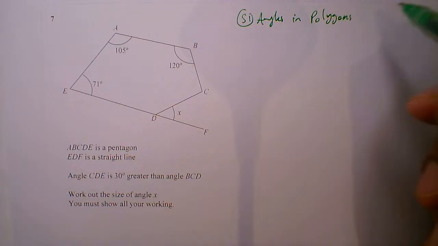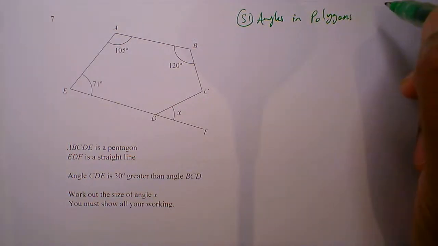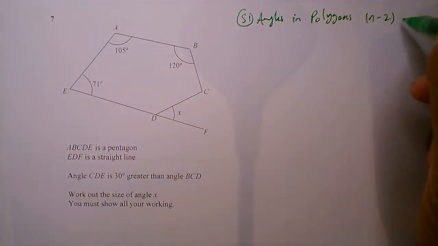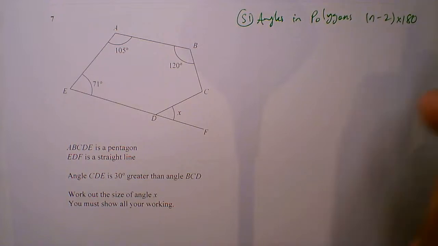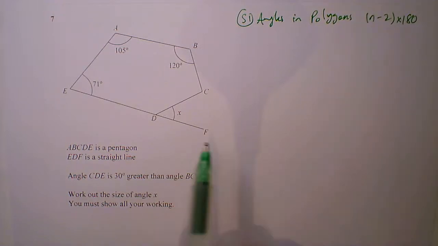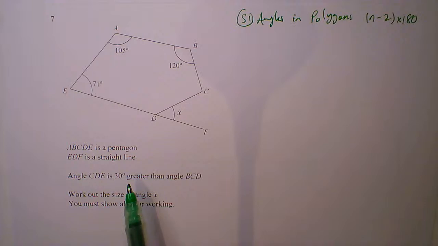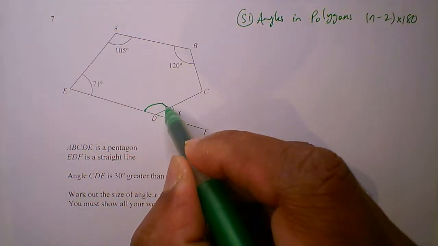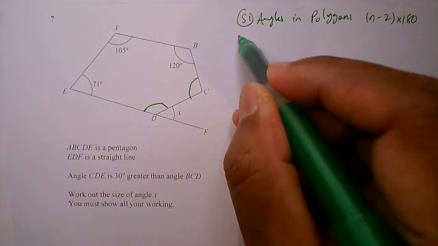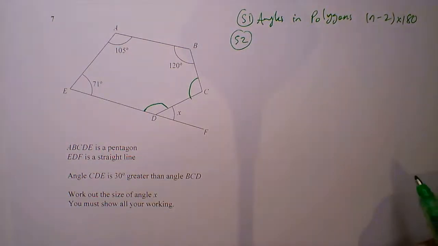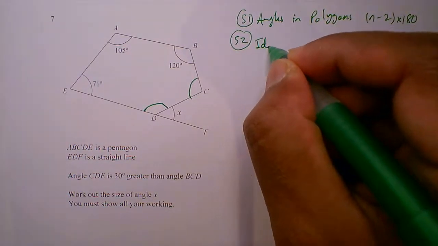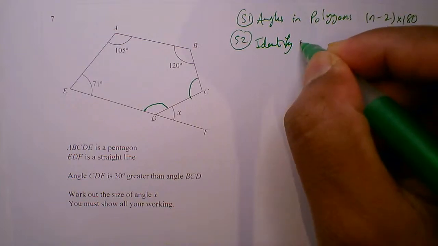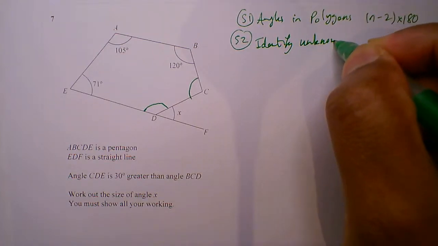The formula you might be familiar with is n minus 2 times 180. After that, I've got 2 unknown angles here, and I need to find out what they are. So step 2 is to identify the unknown angles.